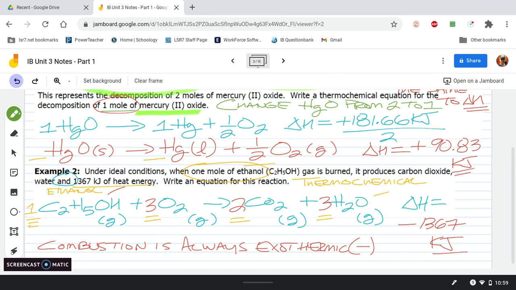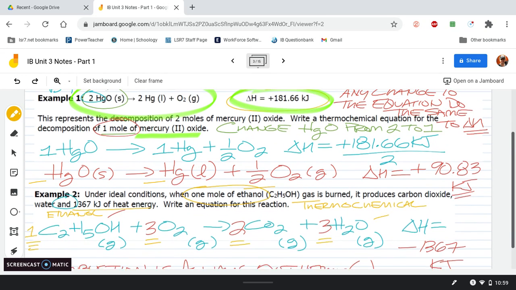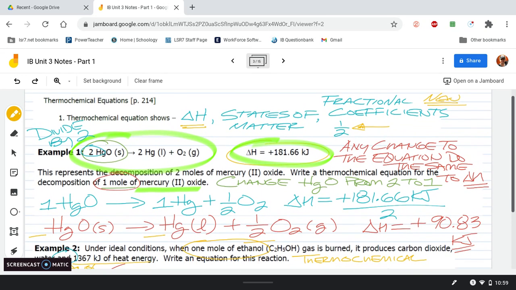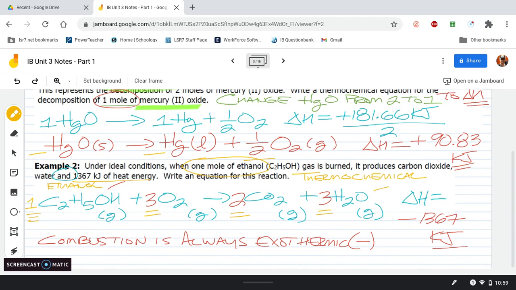So if you did everything here but didn't do this, you get the problem wrong, because it's not a thermochemical equation. It's just a normal equation. So, all right, we'll stop there. Some key takeaways here and some stuff that you can definitely start to see on a test or an assessment.